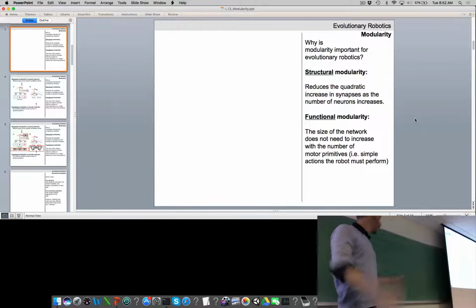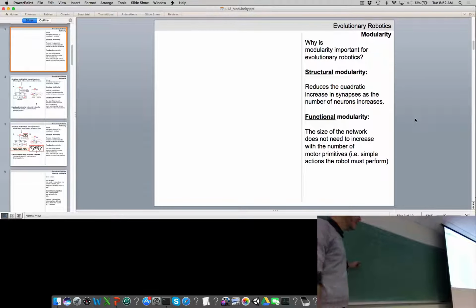So remember that we're then also going to evolve all of these edges, right? So the dimensionality of the search space that evolution is working over also goes up quadratically. So if we're going to try and evolve robots that are more and more complex, meaning n goes up, which means the number of synapses goes up quadratically, the problem for evolution is becoming harder quadratically.